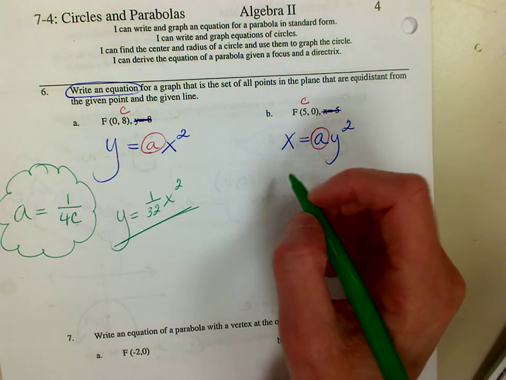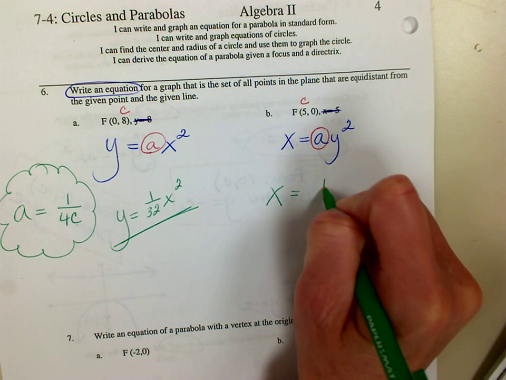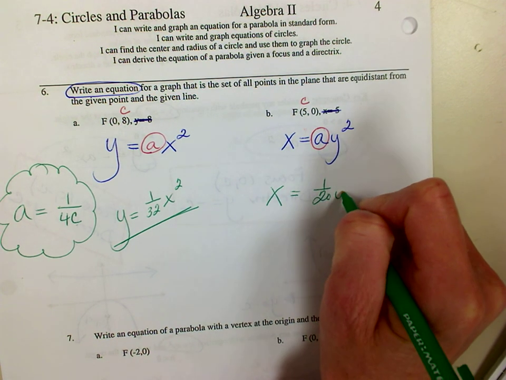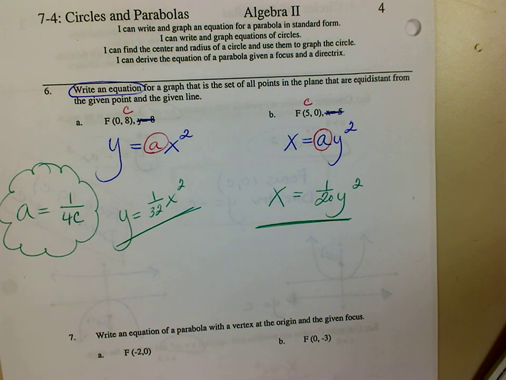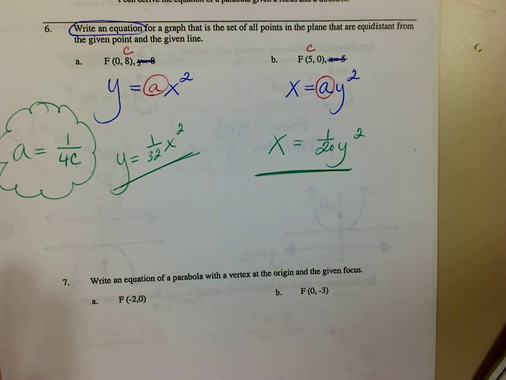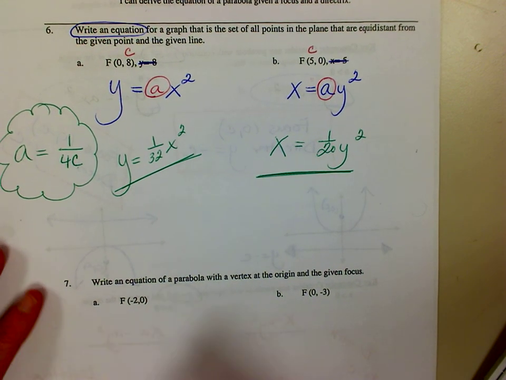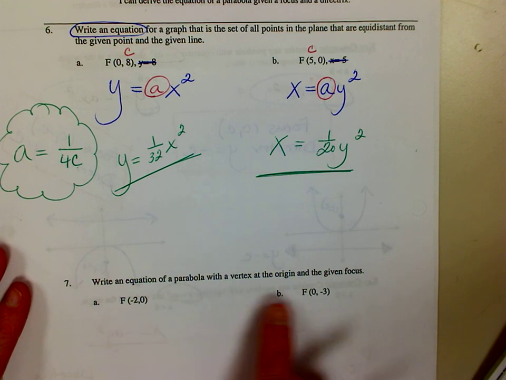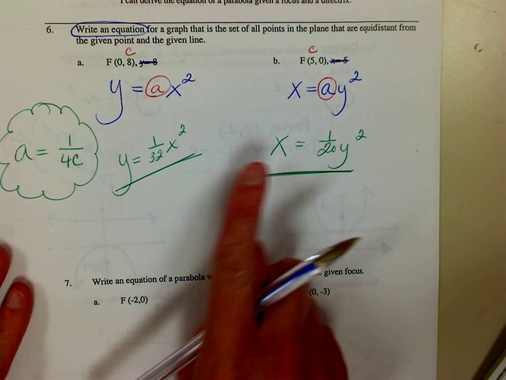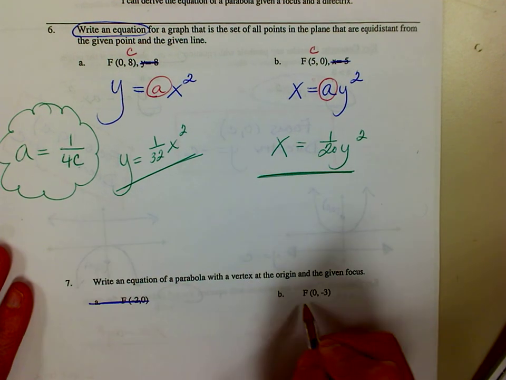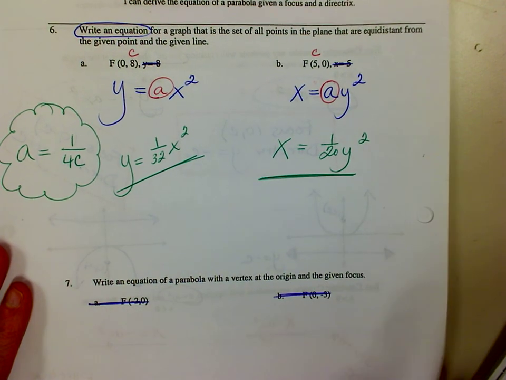So my answer is x equals 1 over 20 y squared. And these two are the same thing. These two are exactly like this. The only difference is that they're both negative, so you would have a negative for your A value. They're exactly the same otherwise.